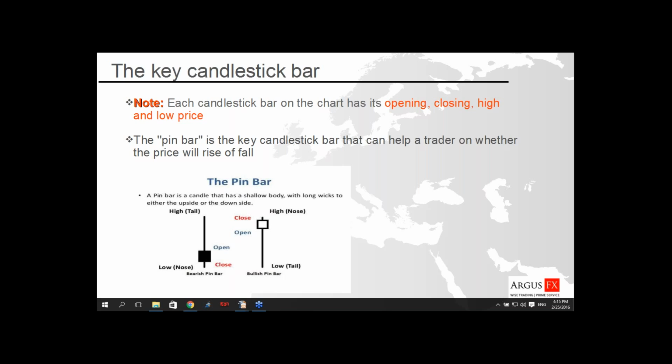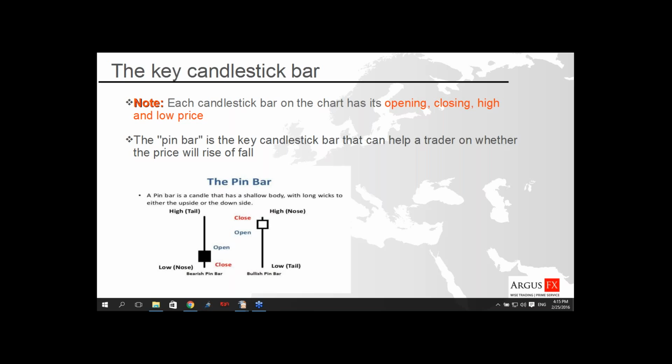But let's take this slide from the very beginning. An important note which we have already emphasized from the beginning and on the previous slide is that each candlestick bar has four features: the opening, the closing, the high and the low price, and these features interpret the movement for each candlestick bar depending on the time frame of your choice.